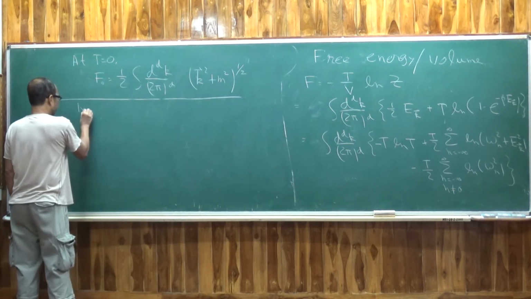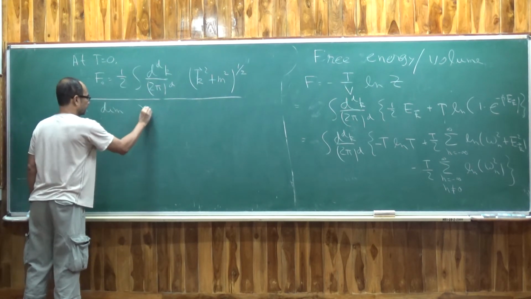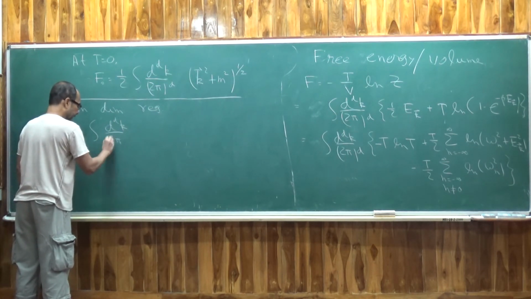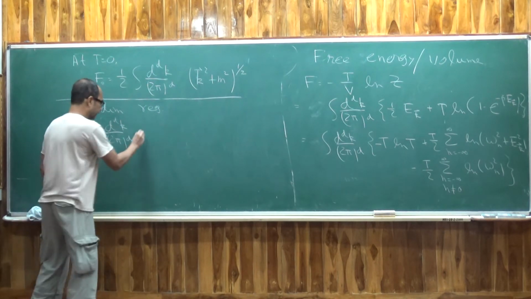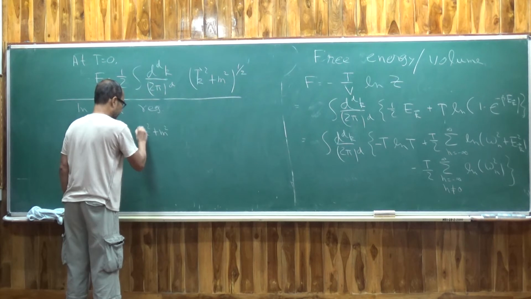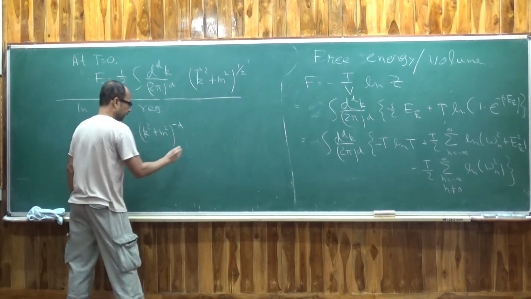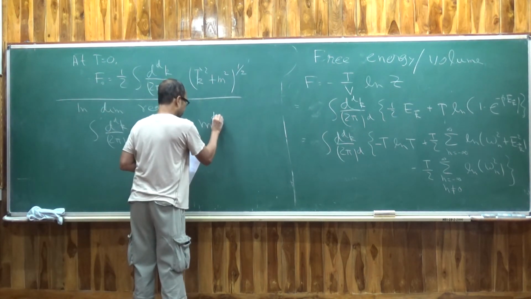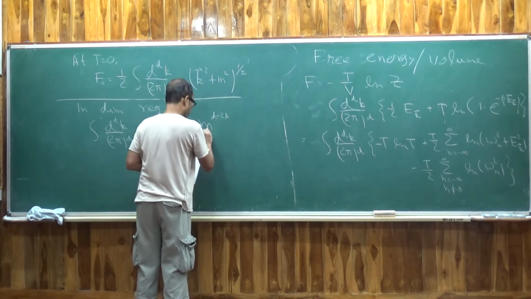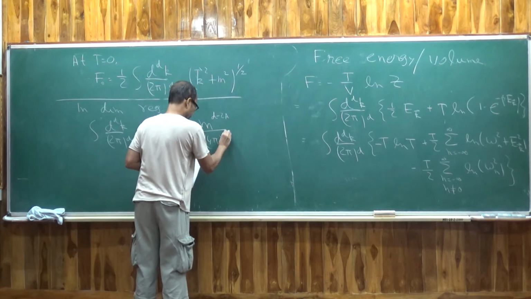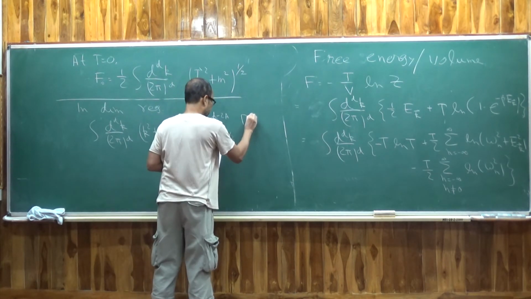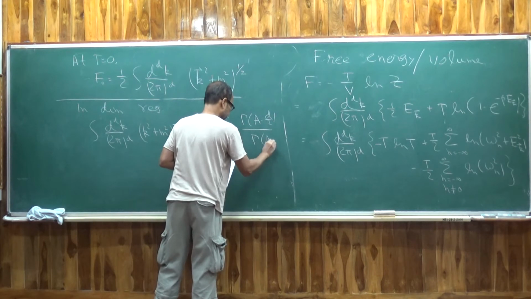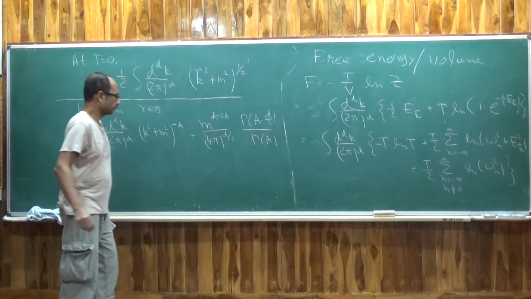So in dimensional regularization, we have a formula: the integral d^dk over (2 pi)^d of (k^2 + m^2)^(-a) is given by m^(d-2a) over (4 pi)^(d/2), times Gamma(a - d/2) over Gamma(a).